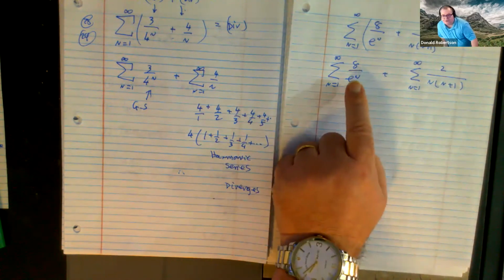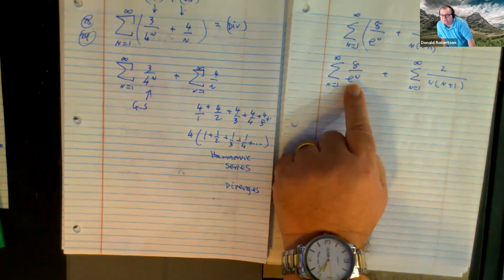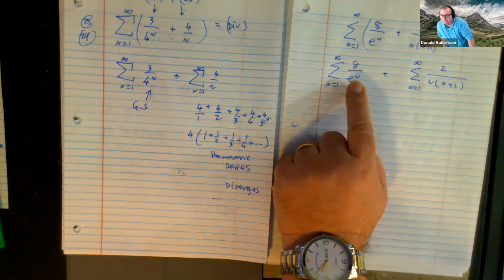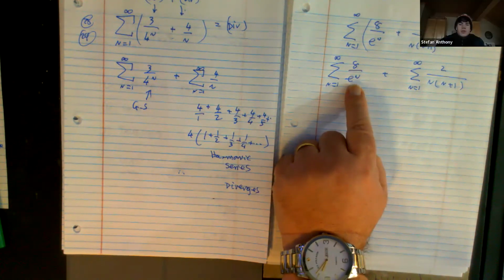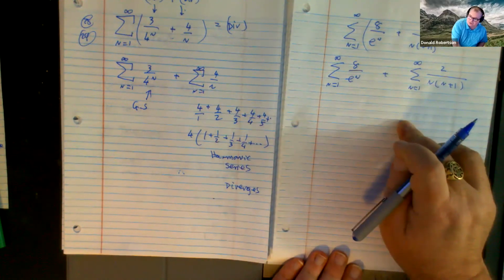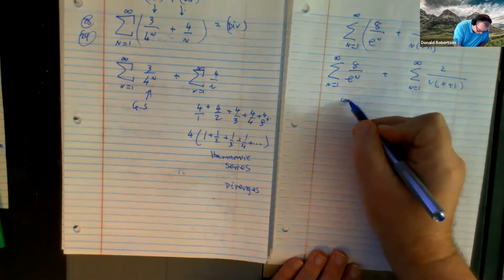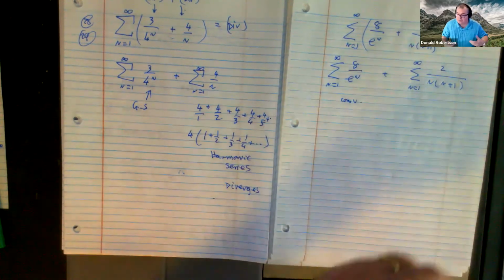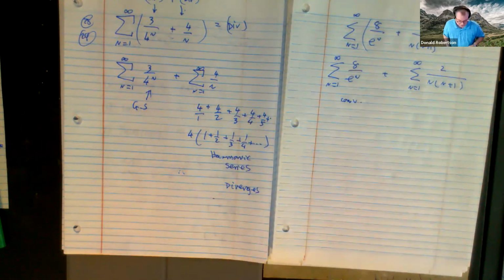What's this one going to look like? Geometric. Right. Won't you have to write down the first couple of terms to find out who A is and R, but it's geometric and it will converge, but you'll have to find that out. And it'll converge, so it means it's equal to something. You should be able to calculate its sum.